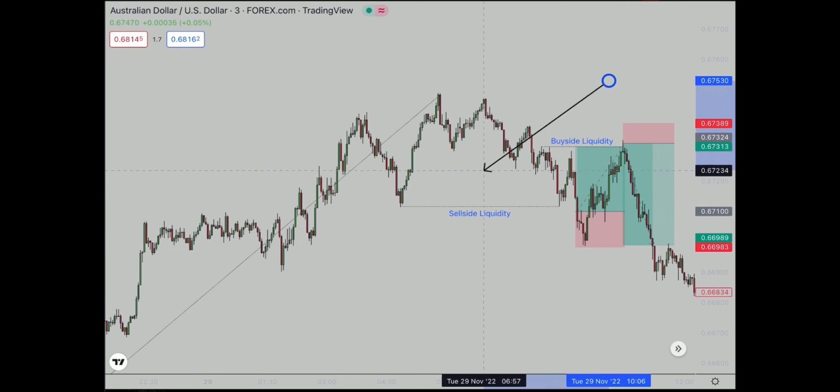Right as it goes up, it comes down, it retraces, it creates a lower high, but it fails to have enough power on the buy side to take out the last high, which is a normal thing an uptrend does. So this is your first sign of a market structure shift, if it doesn't take out the last high.